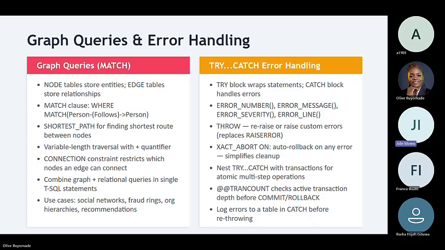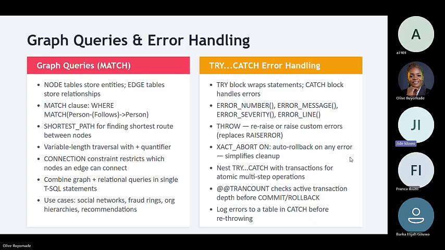Graph is one of those. So that's why you're seeing nodes. You can see graph queries, MATCH. There's what we call TRY_CAST in SQL. There's CAST, there's TRY_CAST. But this one is TRY...CATCH error handling. There's a query for this, but let's look at this first.